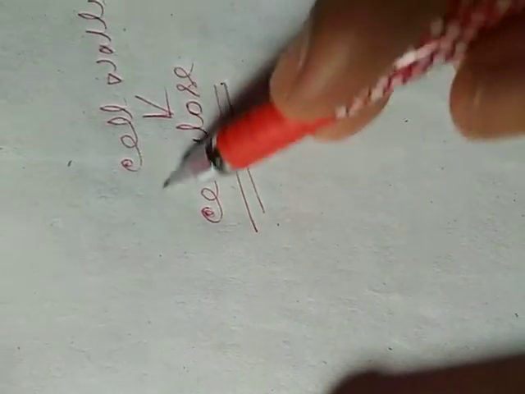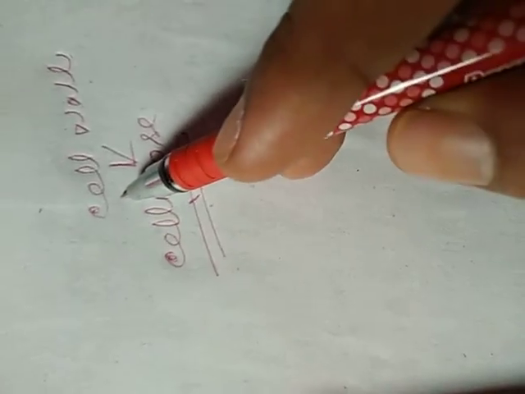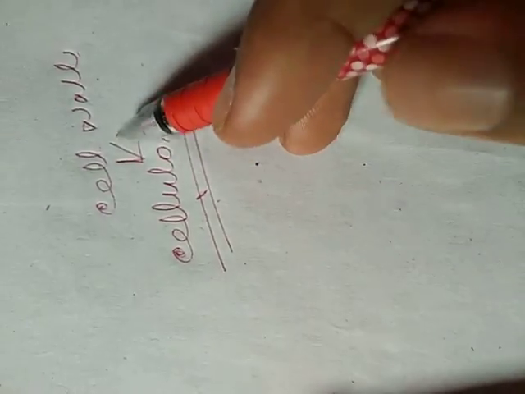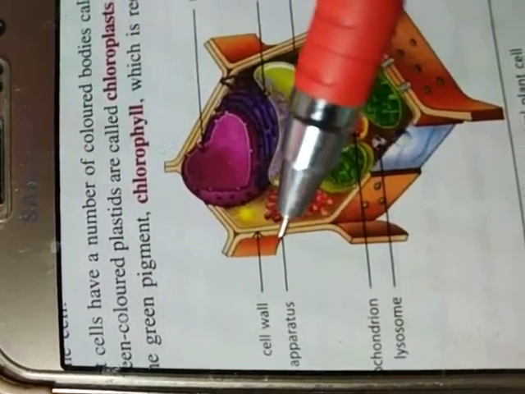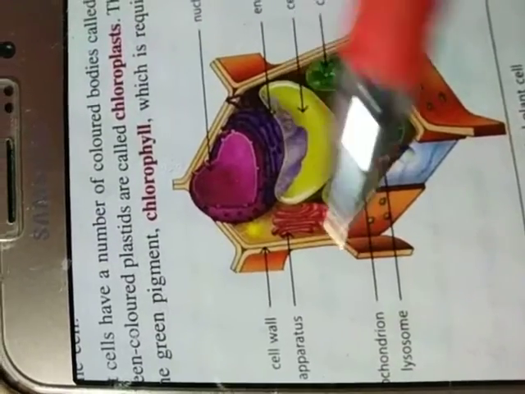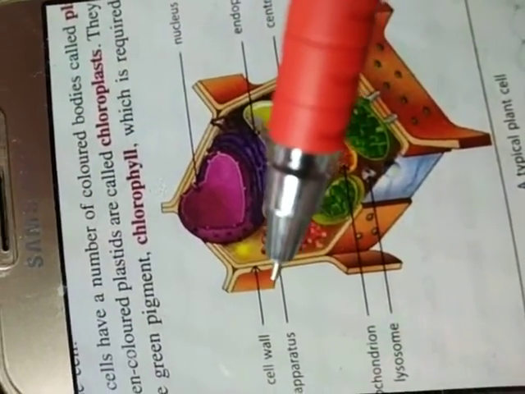This cell wall is a very hard, tough and rigid layer. So what is its function? As it is the outermost layer, it protects the inner part of the cell from any kind of injury. That is its number one function.